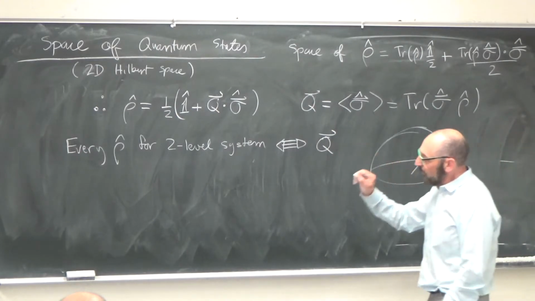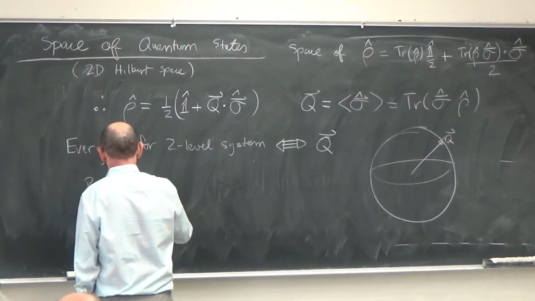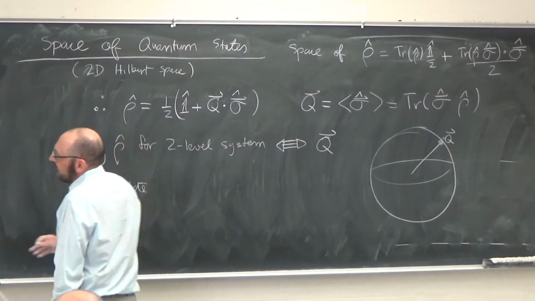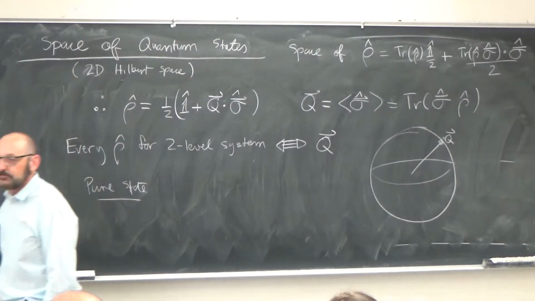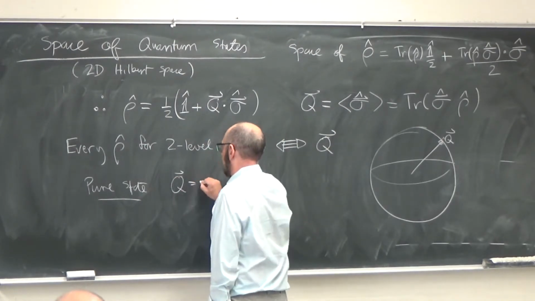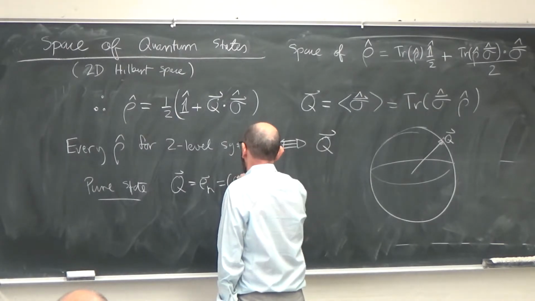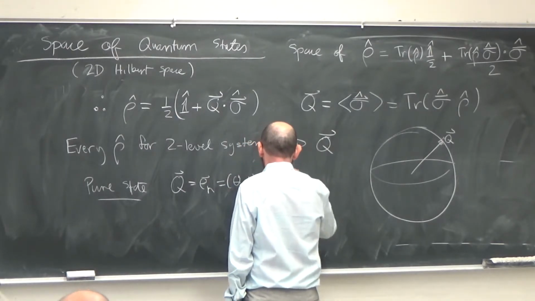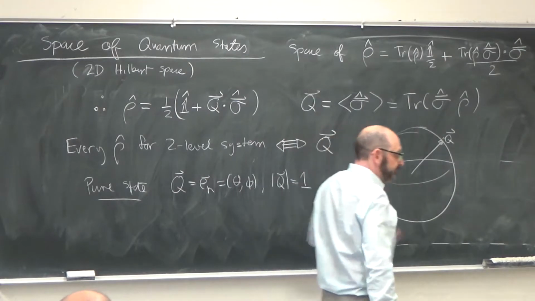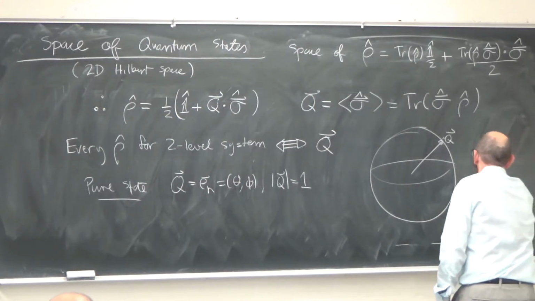For a pure state, as I challenge you to show, q is a unit vector along some direction. And therefore, it is a vector which has magnitude 1. It lies on the surface of the unit sphere.